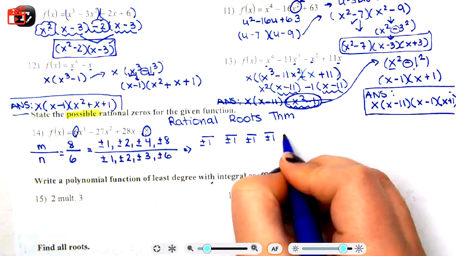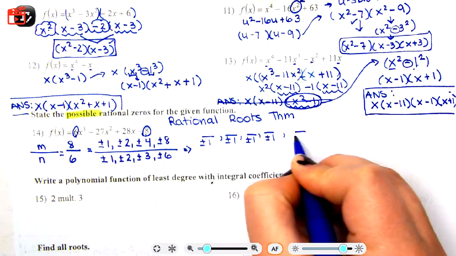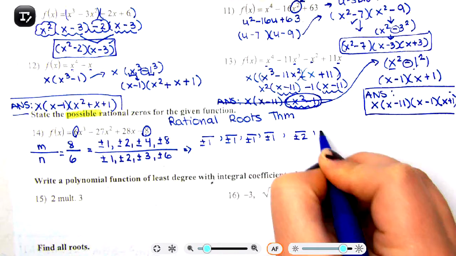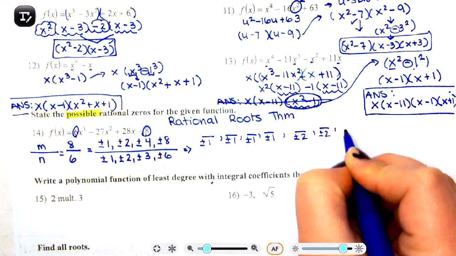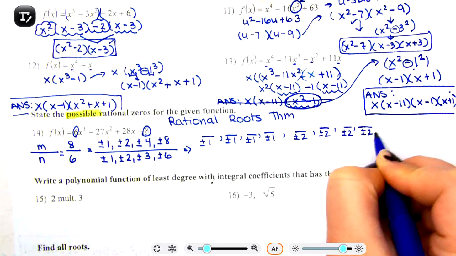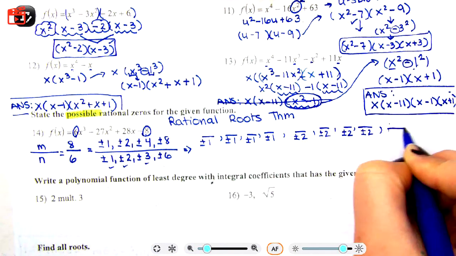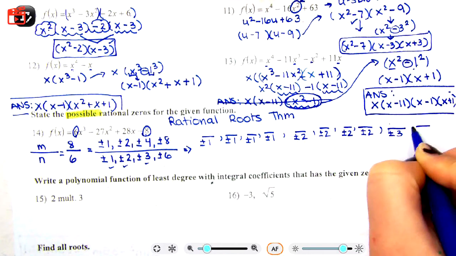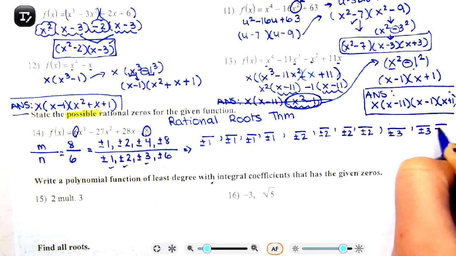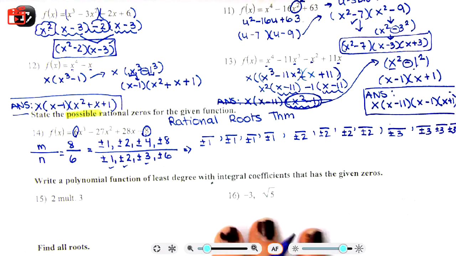And then next one is going to be our 2's: 1, 2, 3, 4. Next we have our 3's: 1, 2, 3, 4.